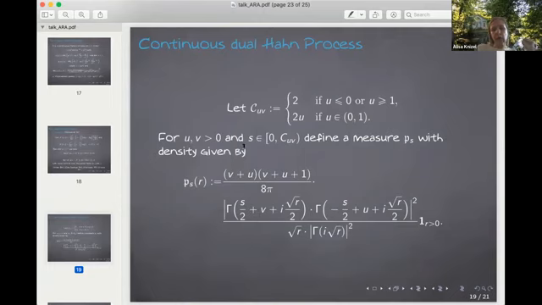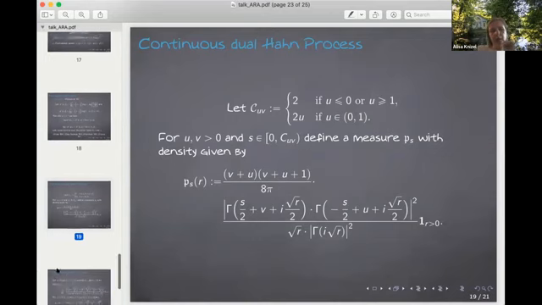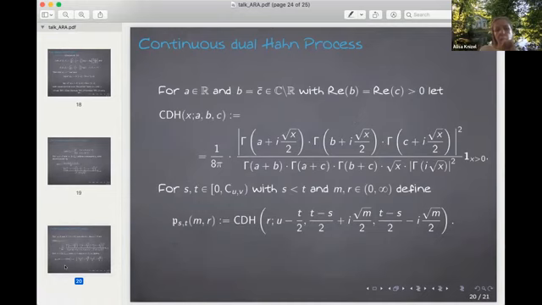So now time is S, where this capital C_UV has this form depending on parameter U. And then we define the marginal distribution for this process, again, in terms of the gamma functions in this way. And the transition probabilities which appear at the bottom of the slide, P_ST, are written in terms of the function CDH, which is the weight function for the dual continuous Hahn polynomials.